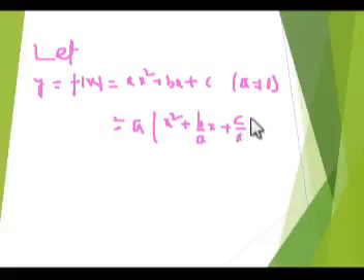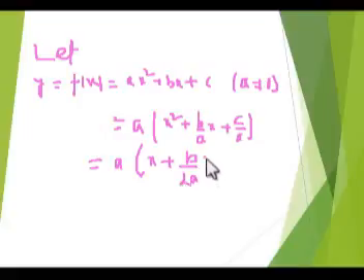Then it can be further written in this way: a times x plus b by 2a whole square minus b square minus 4ac by 4a square.